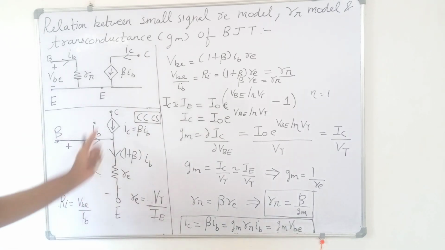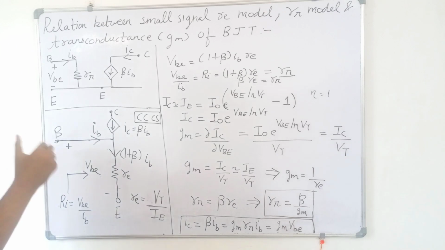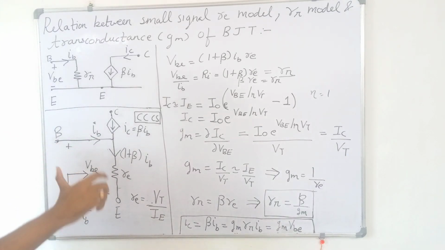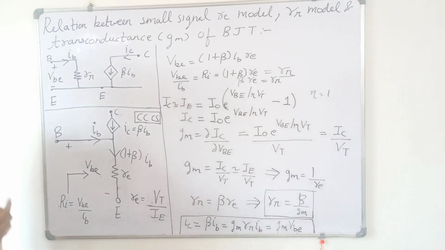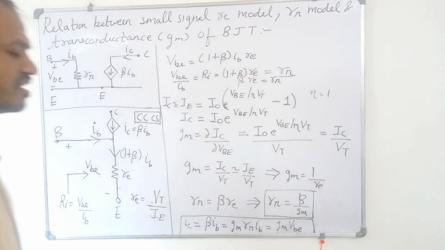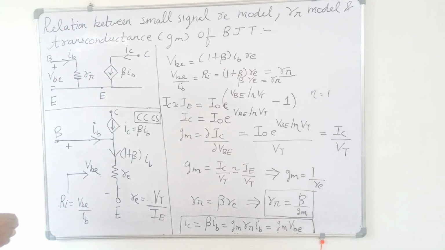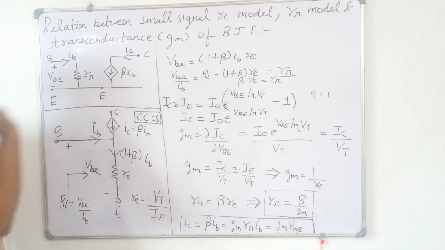So these are the relationships between the small signal re model parameters, the r pi model parameters and the transconductance parameter of the BJT. I hope this video was clear to you. In the future questions that we will solve, we will use these relations.